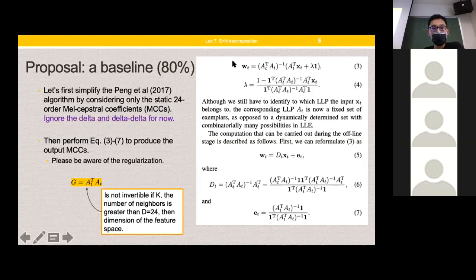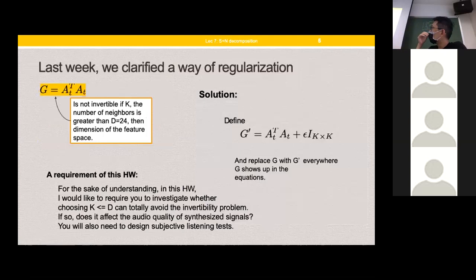So to deal with invertibility, in the next slide, let me remind. Last week we talked about, let's name this A transpose A, let's name it G. We know that G would not be invertible if its size is greater than 24. Then what should we do? The solution, as we discussed last week, is to add to A transpose A a regularization term, a diagonal matrix, which is a small epsilon times the identity matrix.